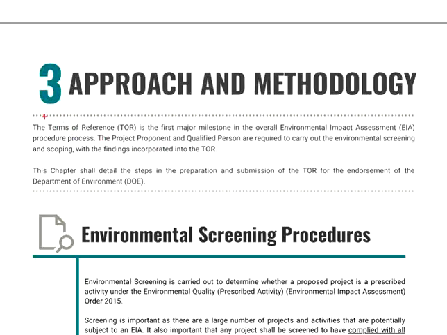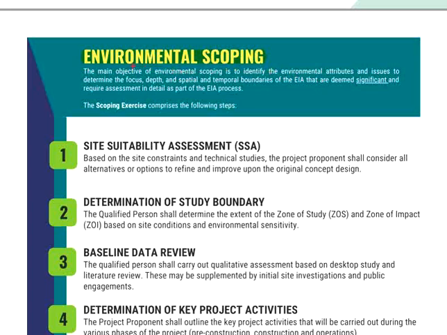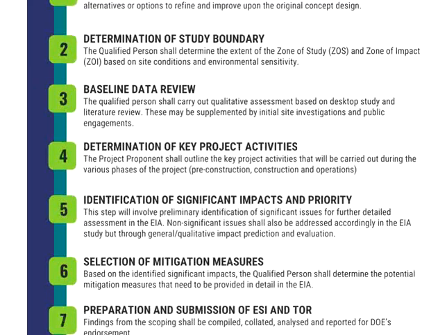In order to produce this TOR, there is a process known as environmental scoping. During this process, the main emphasis is to identify the significant impacts and the priorities.